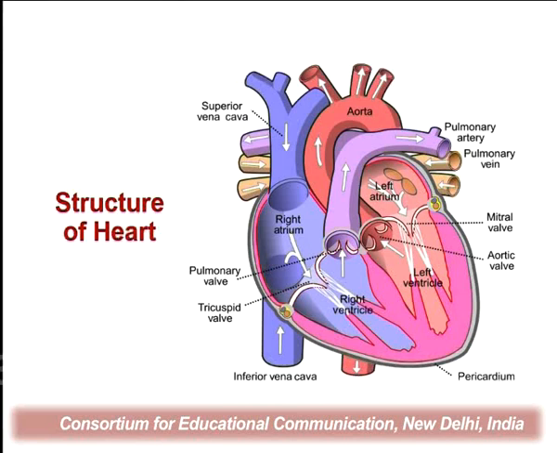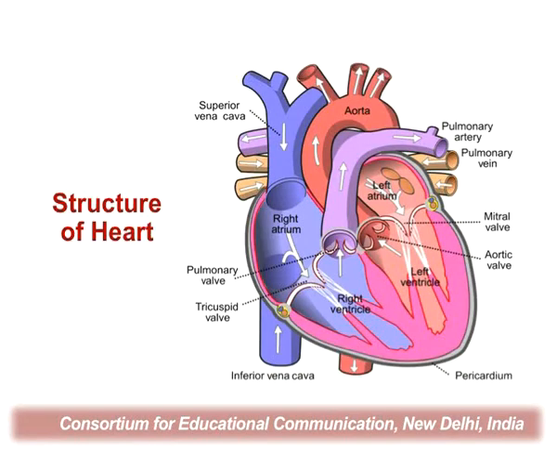Same on the left side. On the left side we can see the left atrium and left ventricle, and the valve or gateway in between is called the bicuspid valve or mitral valve, or we can also say the atrioventricular valve, in the same way, because this valve divides the left atrium and left ventricle.